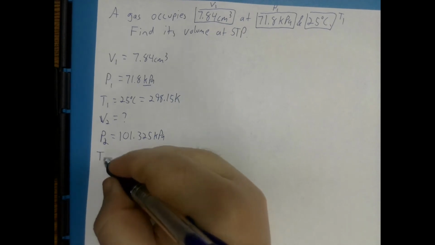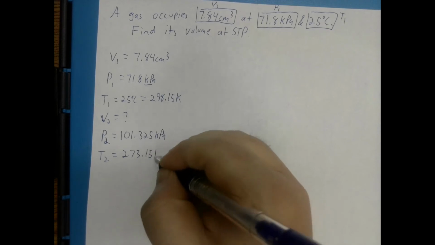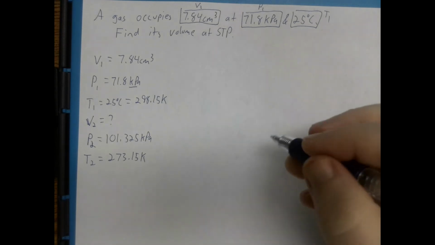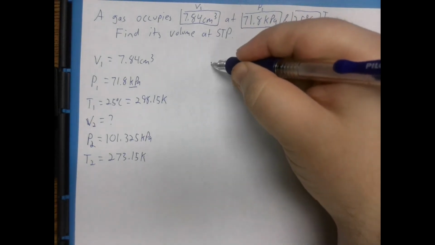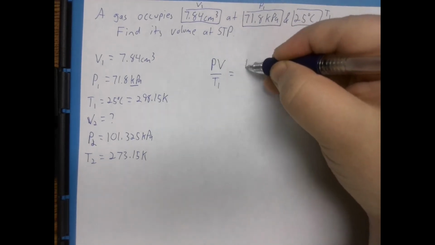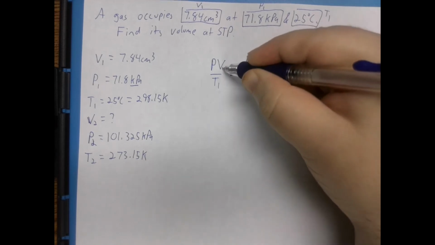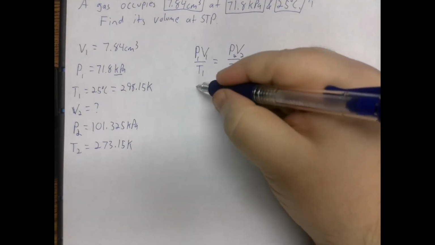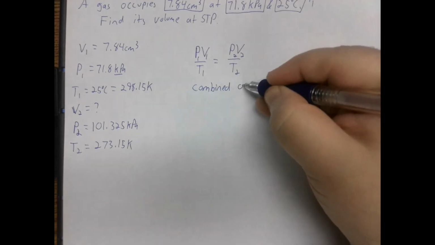Final temperature is 273.15 Kelvin, or 0 degrees Celsius. So PV divided by T1 equals PV divided by T2, and we plug in all these 1s and 2s. Note everything's changing, so we have to use the full combined gas law.